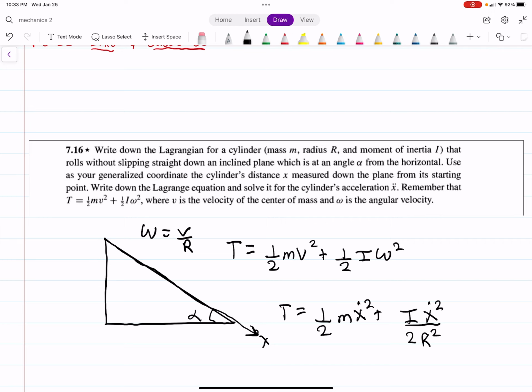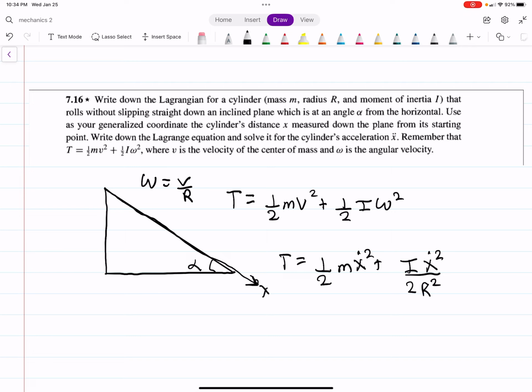And then what we need to do is find the potential energy. So we have this cylinder here, and our potential energy is obviously the potential energy from gravity, mgh, we'll call it minus mgh, since it's going down, we'll let down be negative. The question is, what is h? Well, that's going to depend mostly on where it is here. So if this is here, this is your h, right?